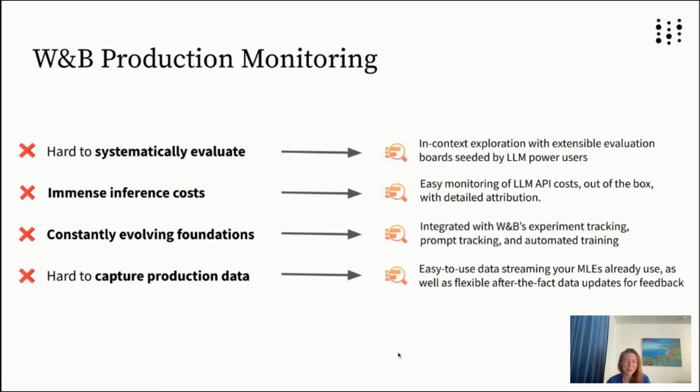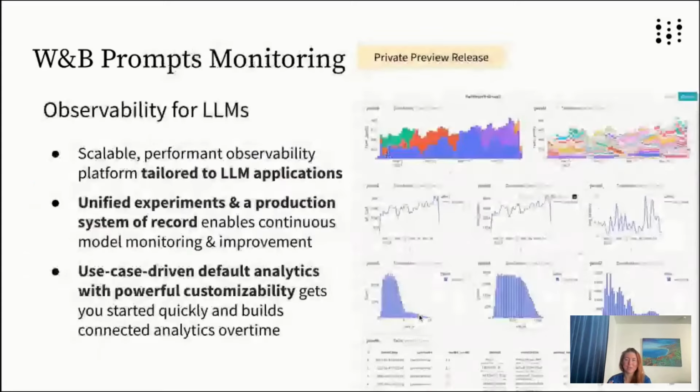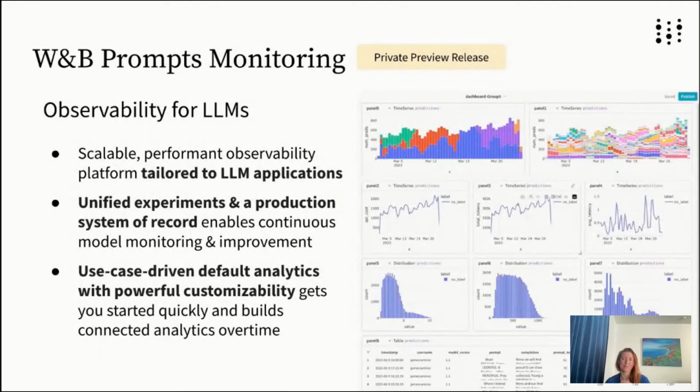And for production data, this is where we can capture something that looks a little bit like Datadog, where we have an observability page for a model that's in production. We give you this centralized dashboard that is scalable for LLM applications and unifies those two chunks, the experiments piece and the production piece.